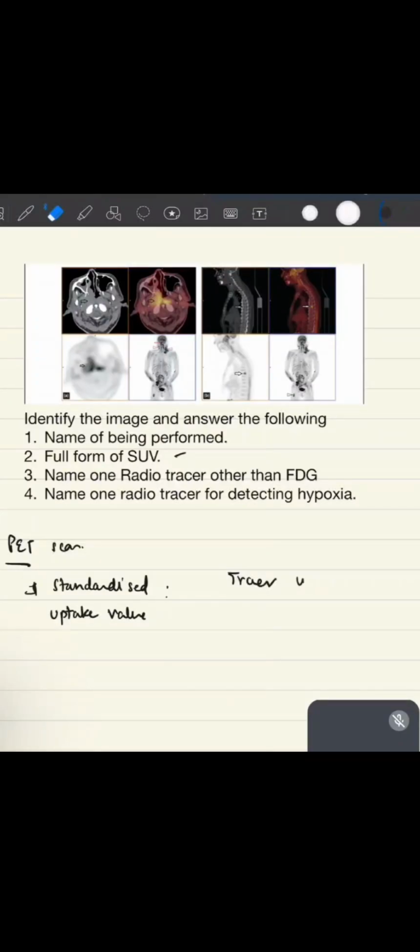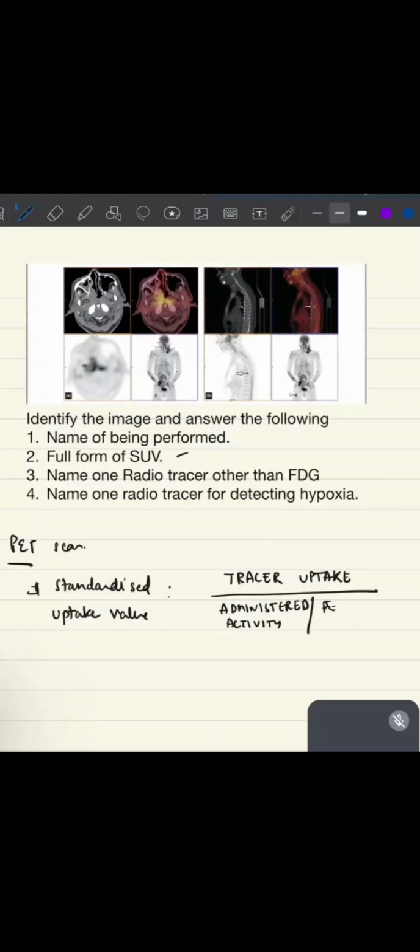Tracer uptake divided by administered activity upon patient weight into 1000. So this is one of the questions which can be asked.